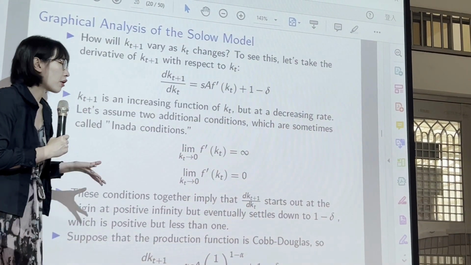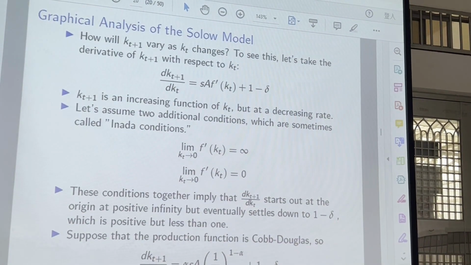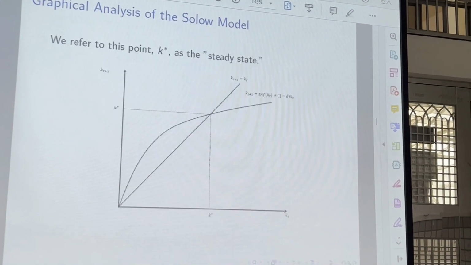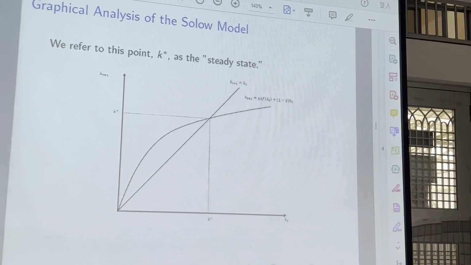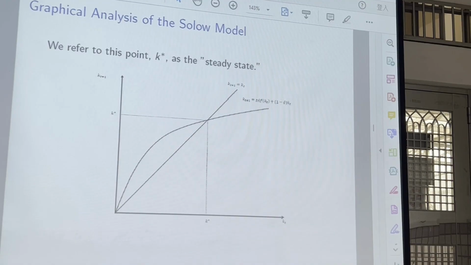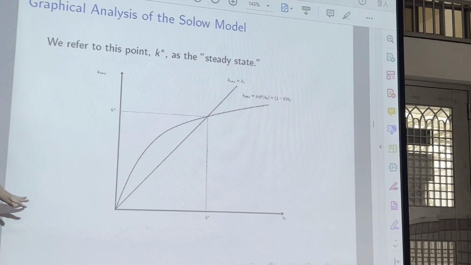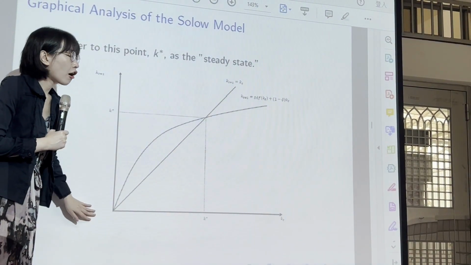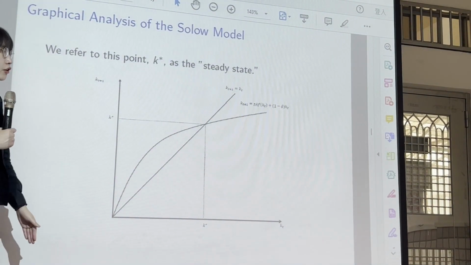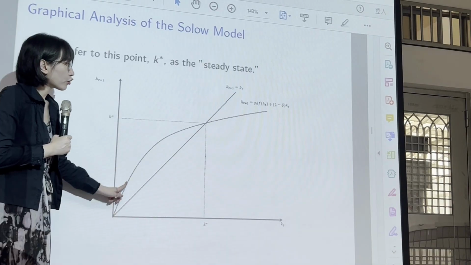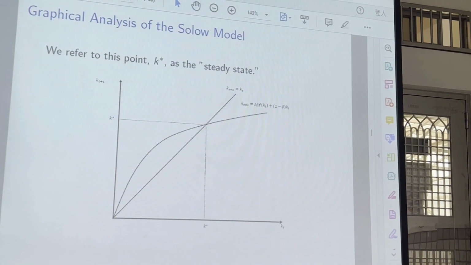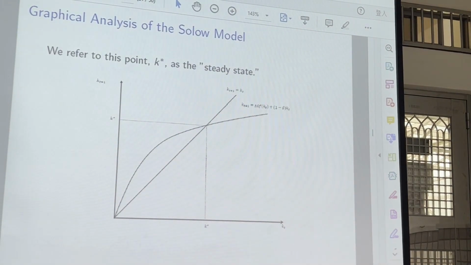If I draw KT plus 1 against KT in this figure, the variables of my interest will be KT and KT plus 1. So I just have KT on my horizontal axis and KT plus 1 on my vertical axis, okay? This curve depicts KT plus 1 against KT, based on equation 9.